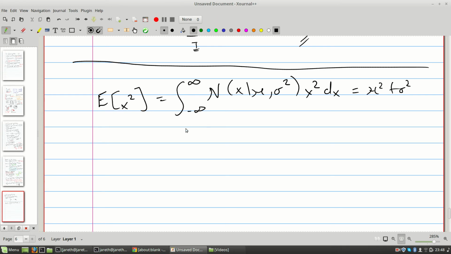This is our next statement, which will mean that the variance of x is equal to, based on the variance formula that we defined in the previous lecture, E of x squared minus E of x, squared, which is essentially sigma squared.